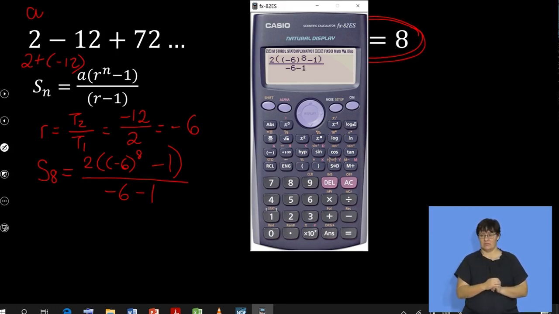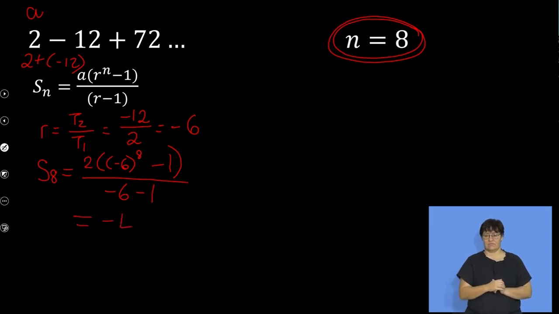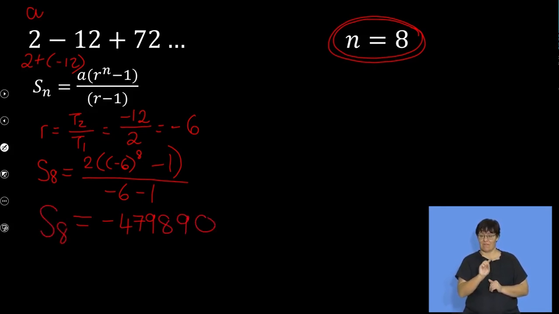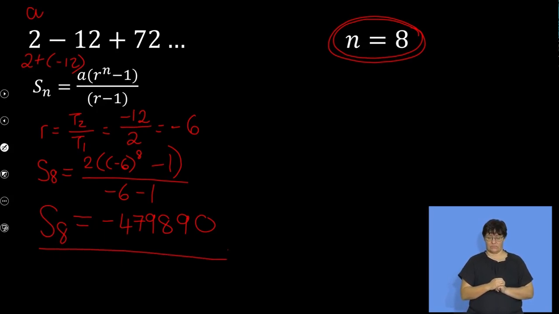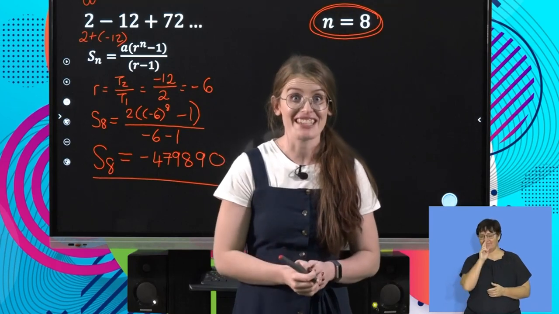So the sum of the first 8 terms will be equal to negative 479,890. Great, so we can see that if we add all of those terms together, it's going to get a really big number as a result of the sum. Let's have a look at the next example together.